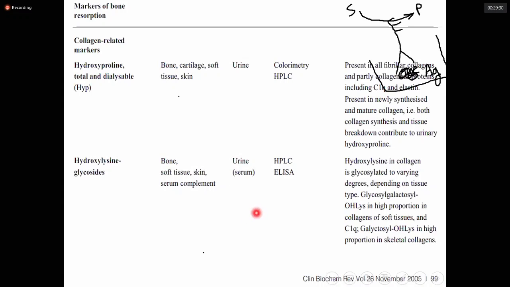You could find them in the serum as well, and the assay could rely on the immunoassay or other specific techniques like HPLC.